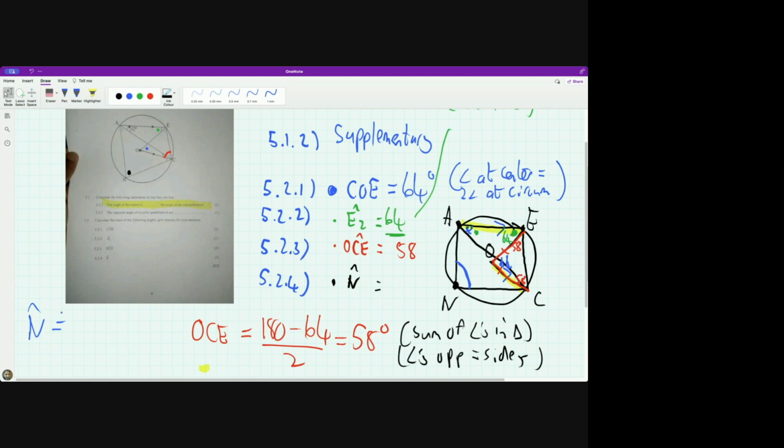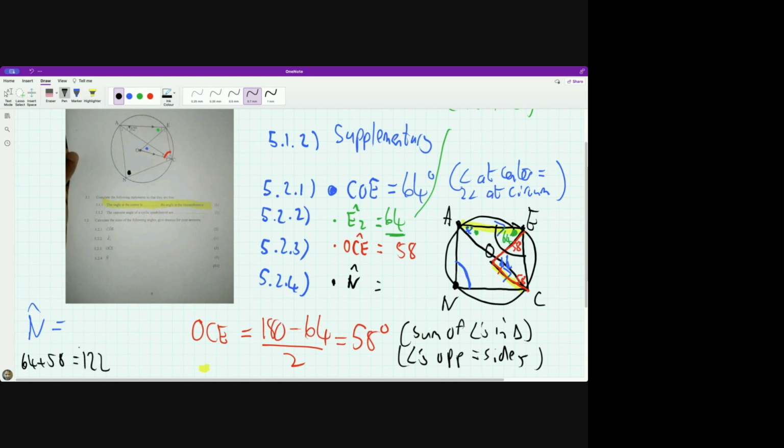What do we think? I think there's a theorem that has a relationship between this side and this side. I think, let's add 64 and 58. What do we get for 64 and 58? 64 plus 58. It's 122.